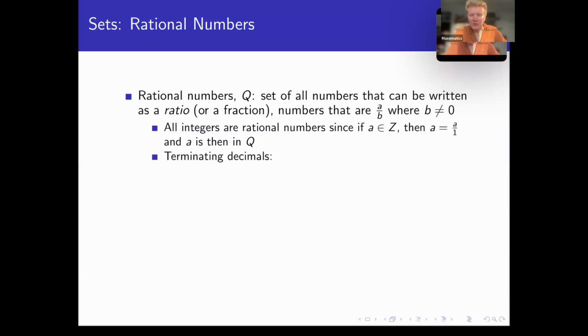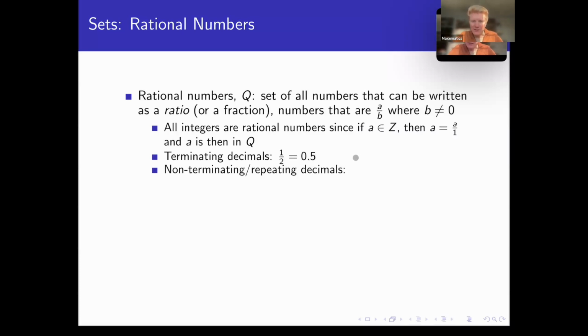So we have a couple different ways we can denote rational numbers, and aside from writing them as fractions, they can also be terminating decimals. So for example, the number 1 over 2 is 0.5, where this is a decimal place version, but it's a terminating decimal place because it doesn't go on forever.